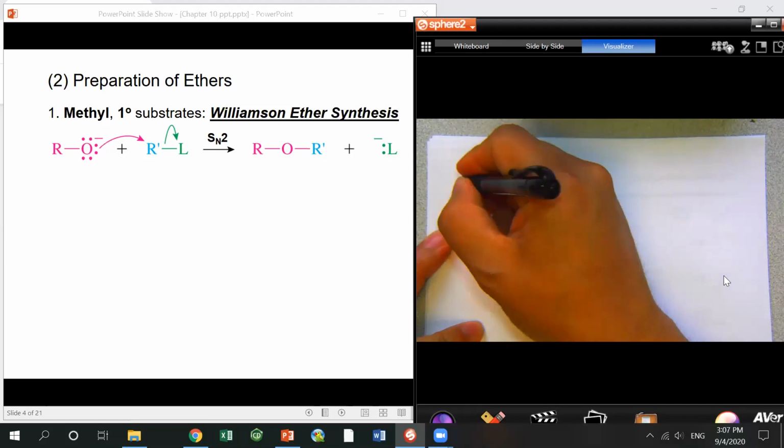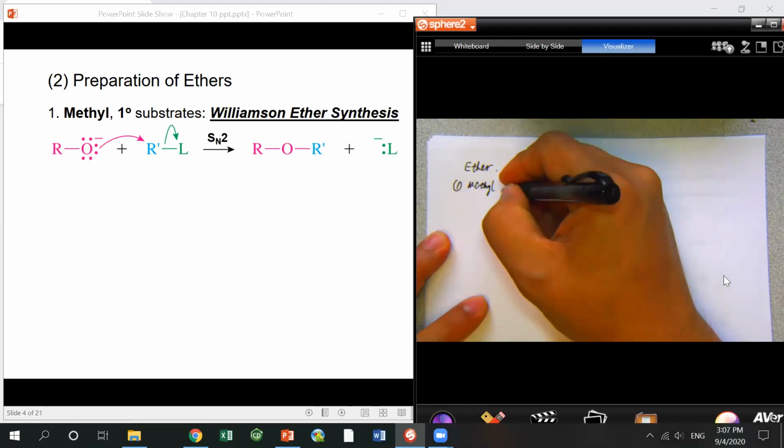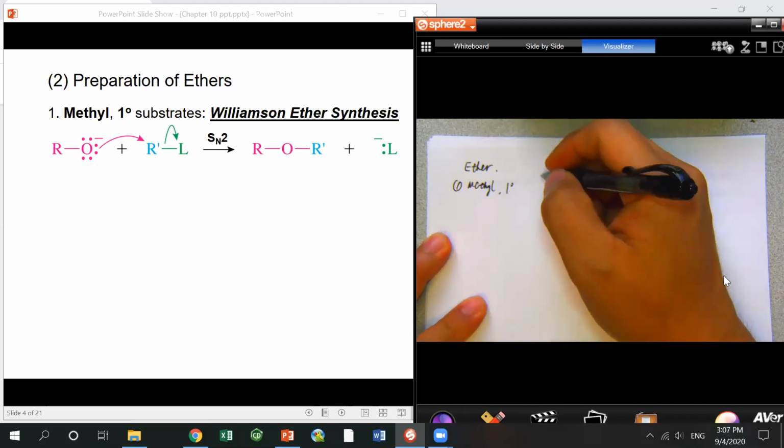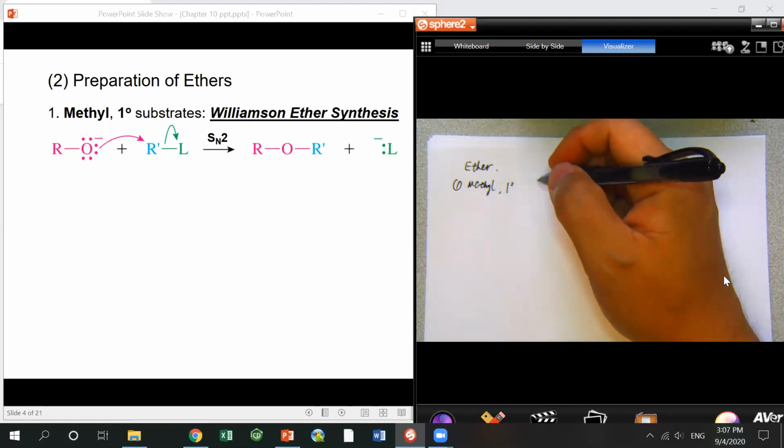If it's a methyl or primary substrate, you can use an alkoxide as a nucleophile and directly do an SN2 reaction. This reaction is called the Williamson ether synthesis.